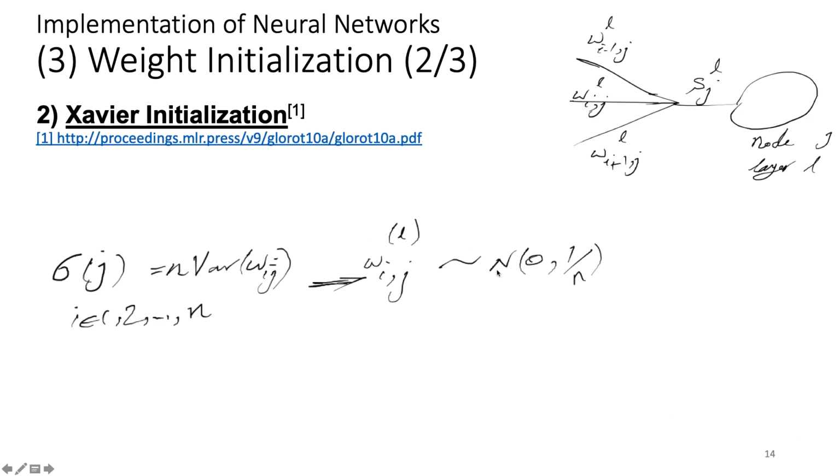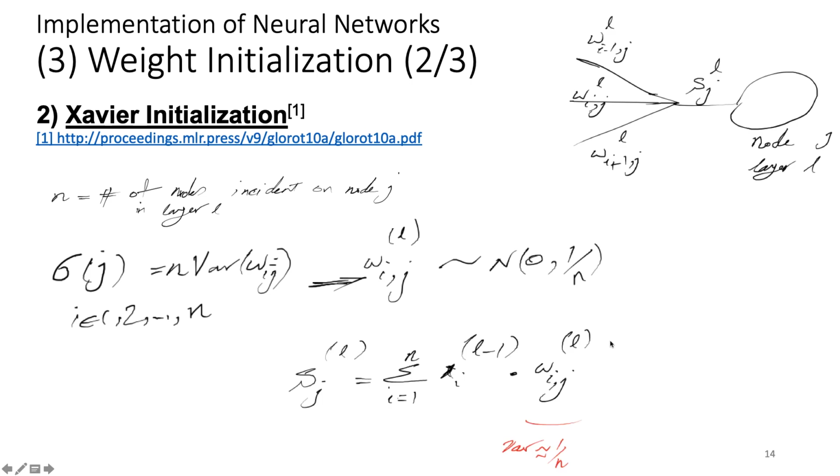So your weights are coming from a normal distribution with mean 0 and variance 1 over n, where n is the number of nodes in layer L that are connected to node J. For any node in the middle, S of J of L would be the sum of all the x's from i up to n, x_i of L minus 1, multiplied by their corresponding weights.